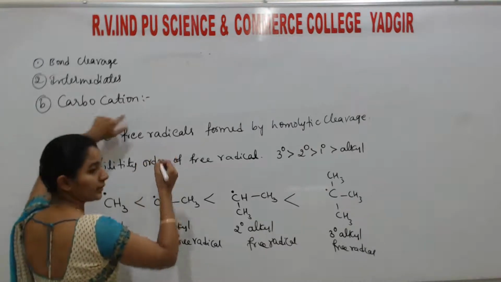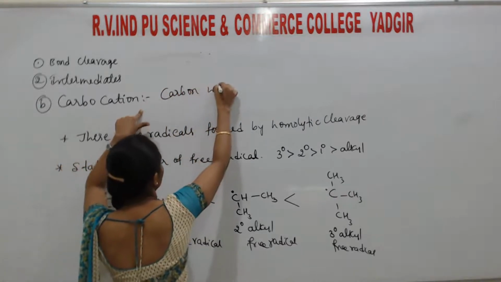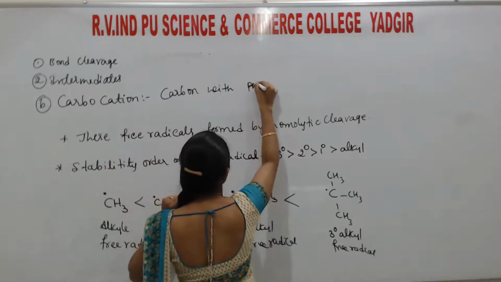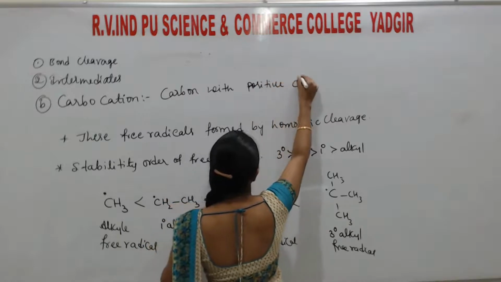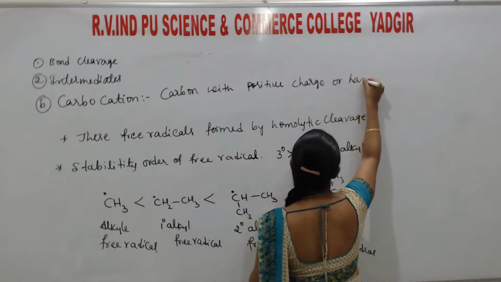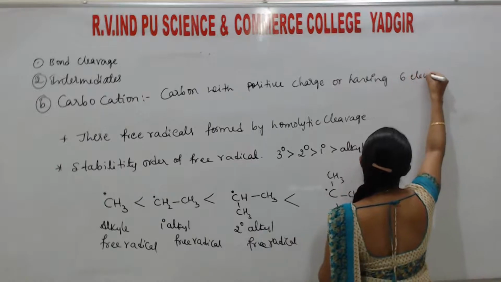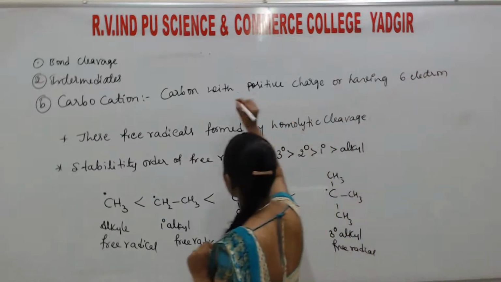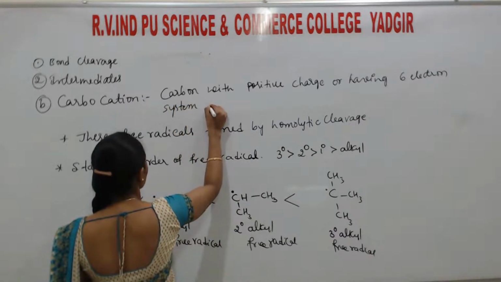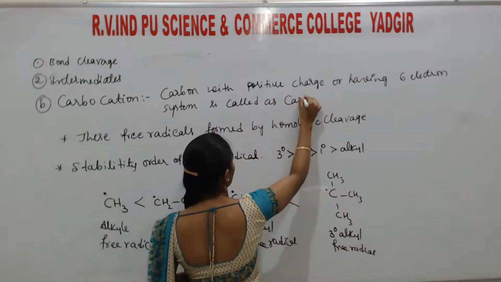Listen, carbocation means one definition, the carbon with positive charge, or having 6 electron system, is called as carbocation.